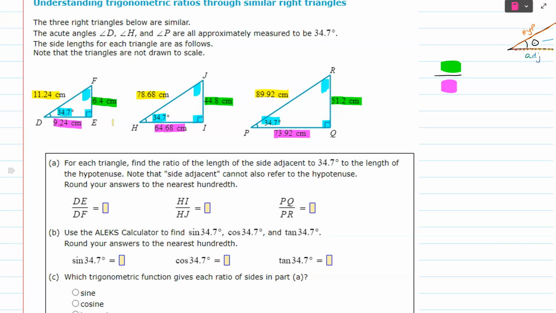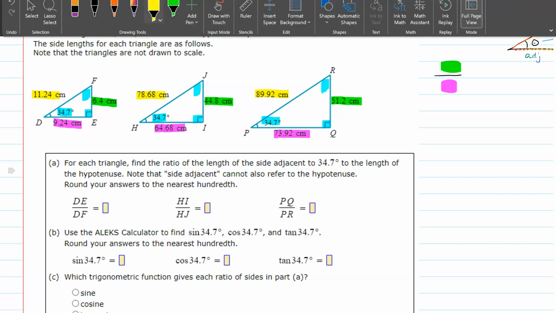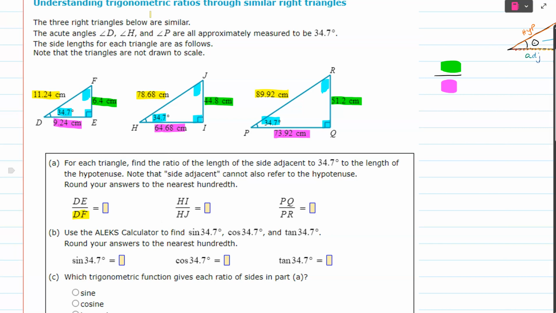So now, let's see what happens here. We would like to look at DE over DF. DF is yellow. HJ is a yellow side from the second triangle, and PR is a yellow side from the third triangle.